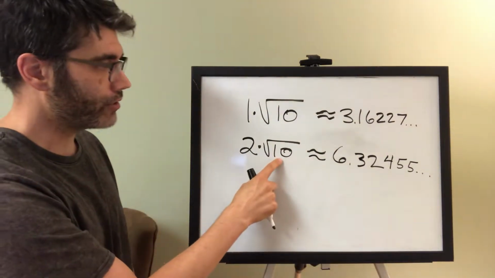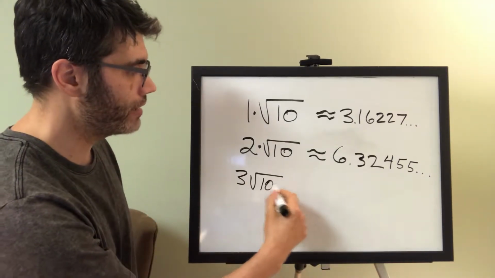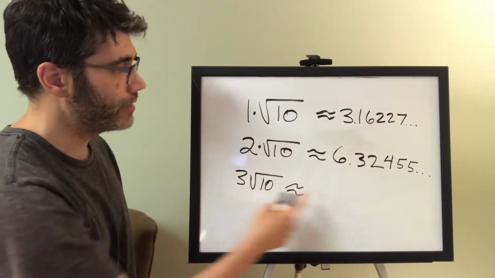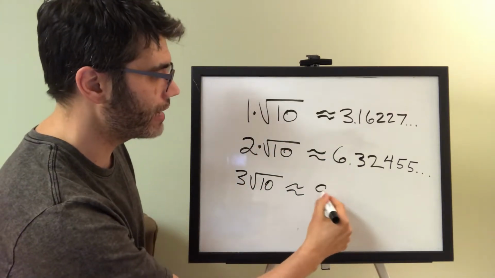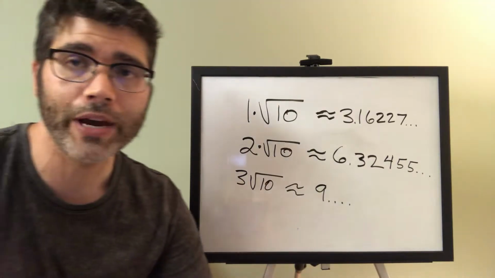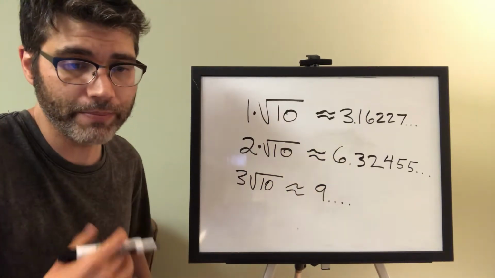So 2 times radical 10 is also going to be an irrational number. I could also do 3 radical 10. I could multiply this radical 10 by 3, and it'd be somewhere on the order of 9, but it would be irrational. Okay? So that's another way to come up with more irrational numbers, starting from a base.